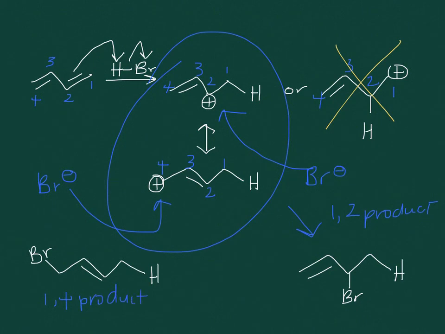So here are our two alkene products. Now what we're going to do is evaluate how we can shift the equilibrium to favor one over the other when we change the temperature.